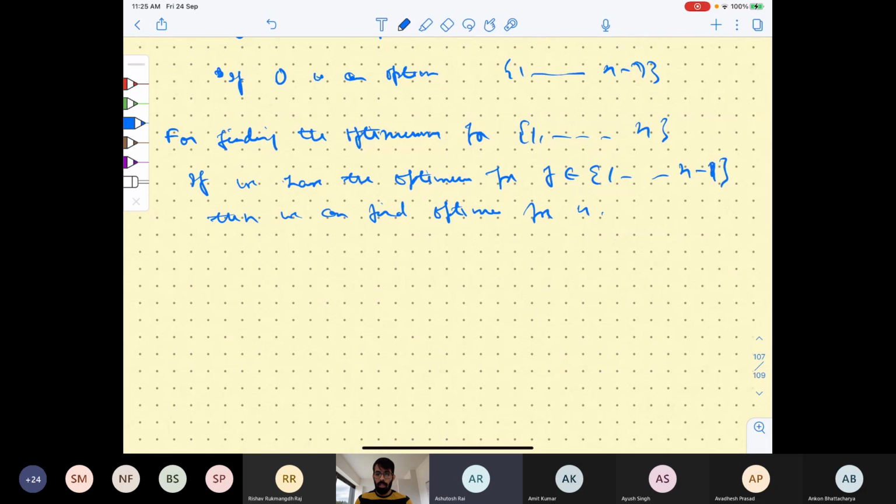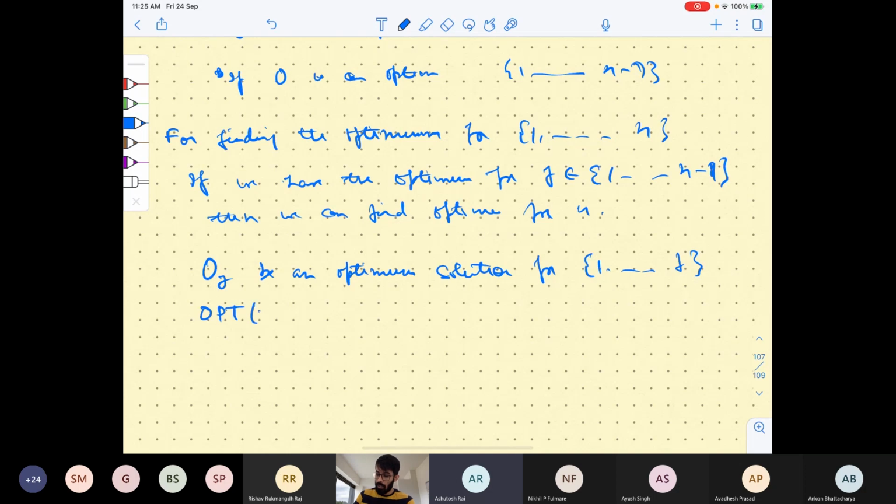Let's first put some notation. Let OJ be an optimum solution for 1 to j, and opt of j is the value of OJ, that is, the sum of Vi for i belonging to OJ.